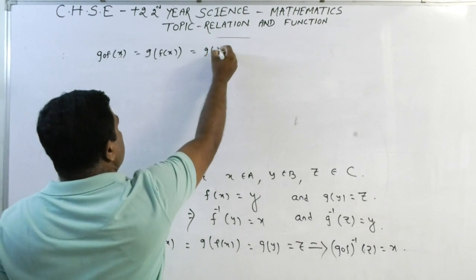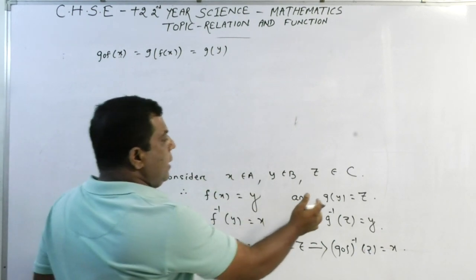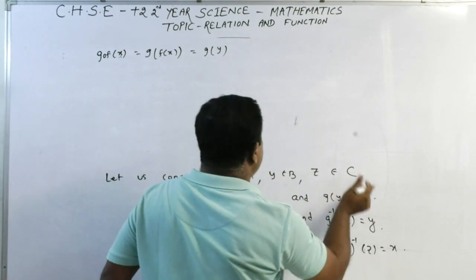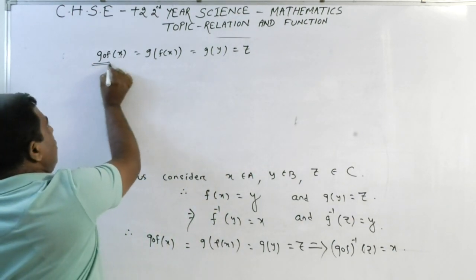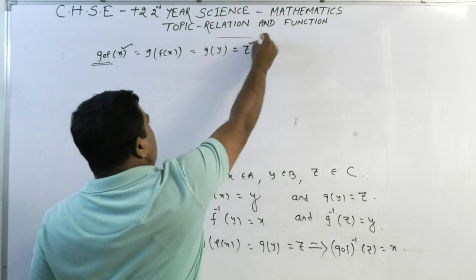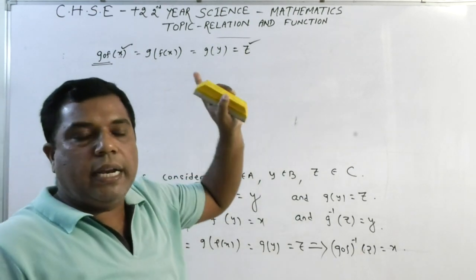So it is equal to g of y. And what does the g function do? It converts y, the parameter y, to the form of z. So you see by the function g∘f, x is converting to z.